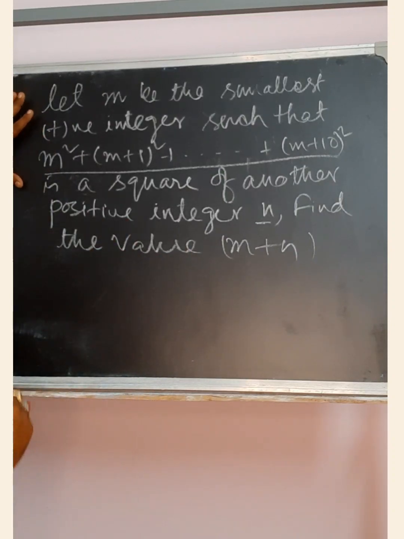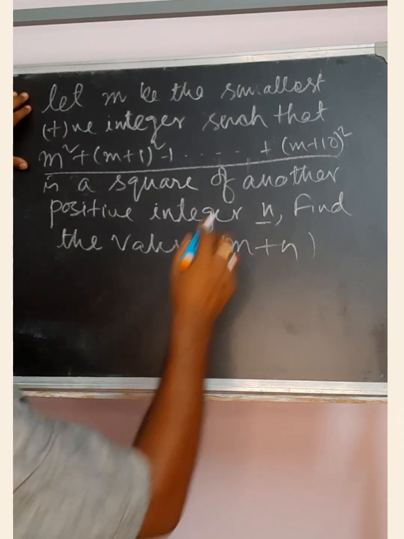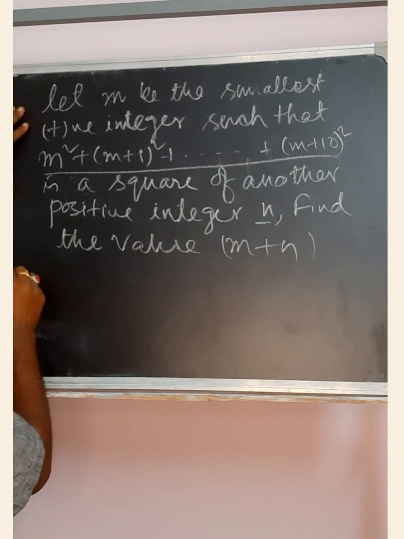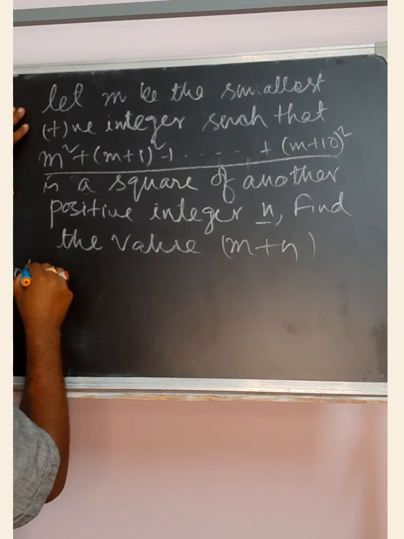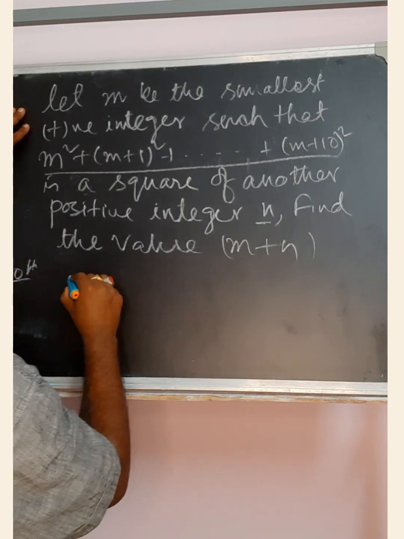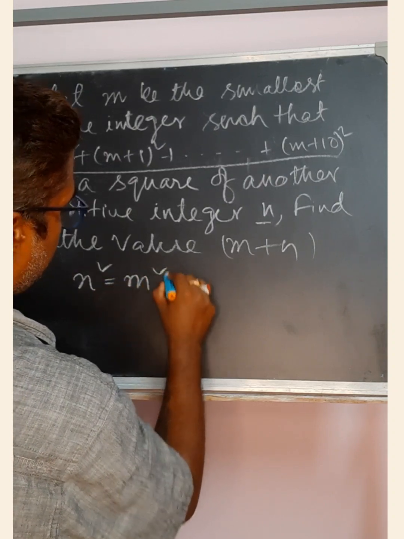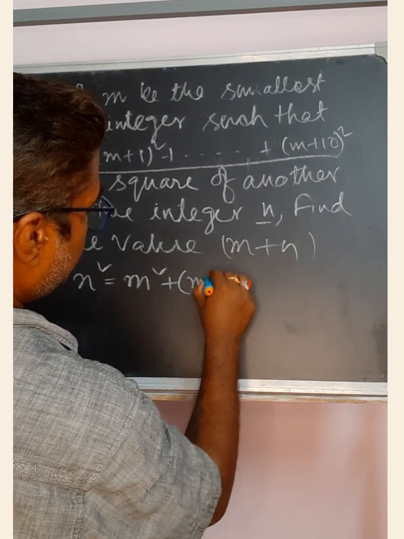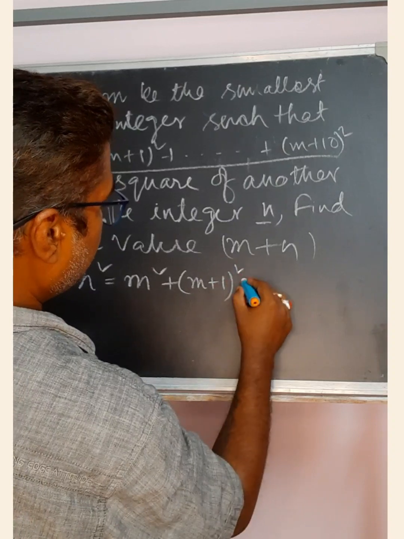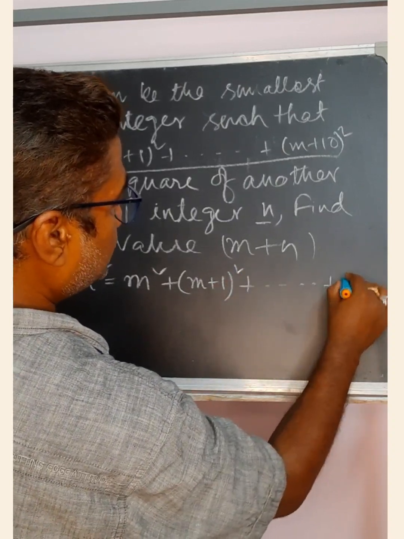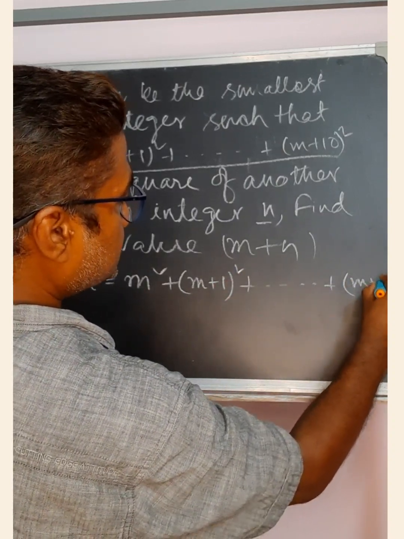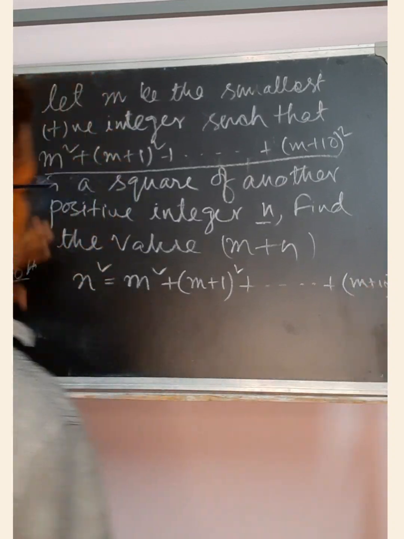So from the given conditions, you can say that n square should be equal to (m+1)² plus dot dot dot up to (m+10)².